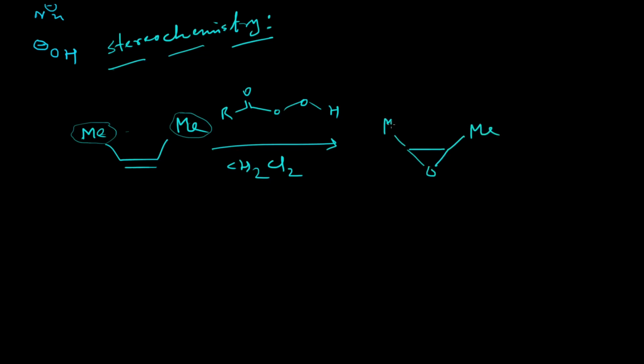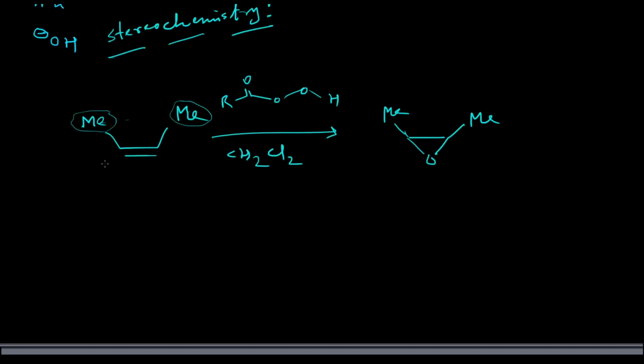In the product also, they will possess a cis relationship. This is due to the one-step nature of this reaction, because there is no chance for this molecule to undergo any stereochemical change during the reaction, and that is why it is highly stereospecific in nature. So epoxidation is stereospecific.